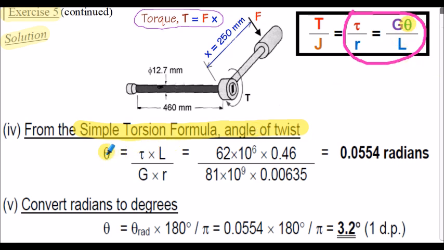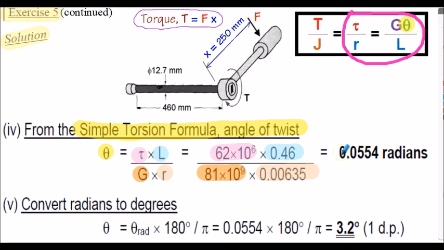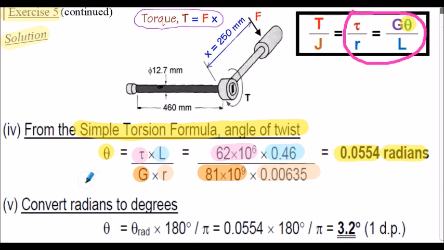So theta is equal to the shear stress multiplied by the length of the shaft or socket wrench divided by the shear modulus multiplied by the R. Inserting the values, the angle of twist is 0.0554 radians. And finally converting from radians to degrees using our standard formula here, it's approximately 3.2 degrees to 1 decimal place.